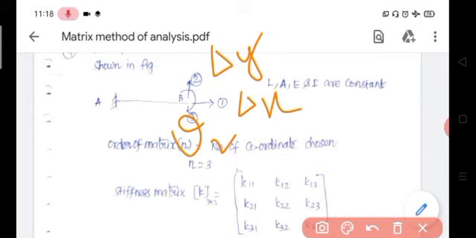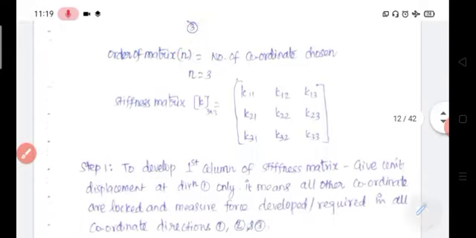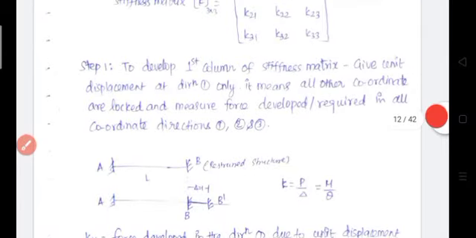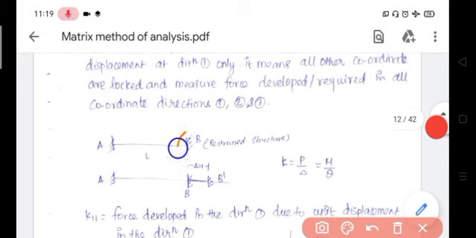We have to arrest the horizontal translation, vertical translation and rotation of joint B. For this we provide a fixed support, which arrests translation along x and y and rotation about z.